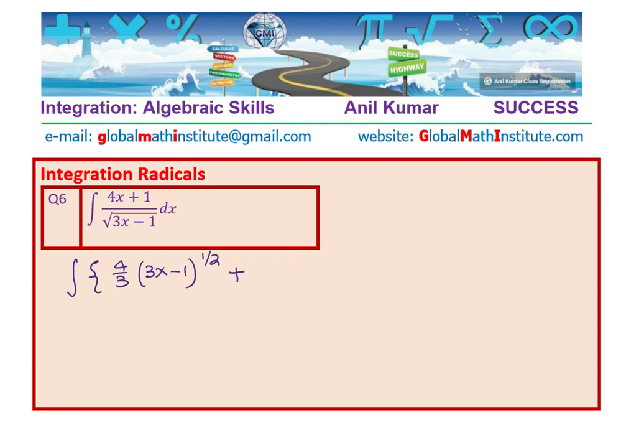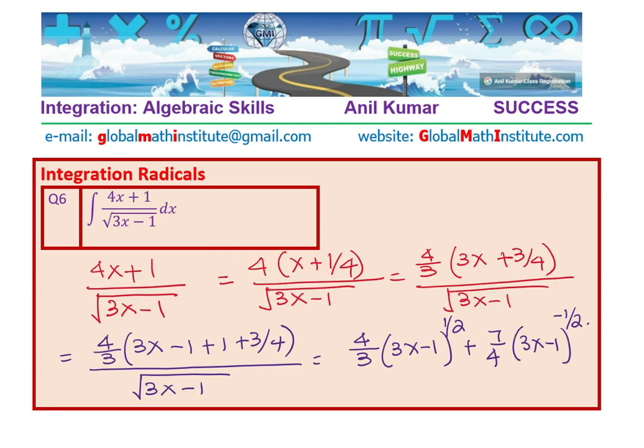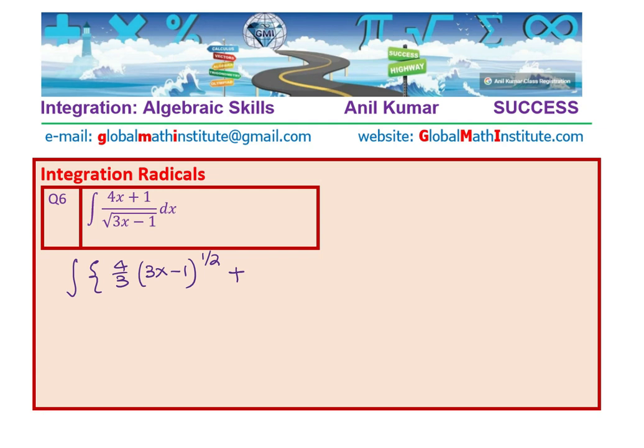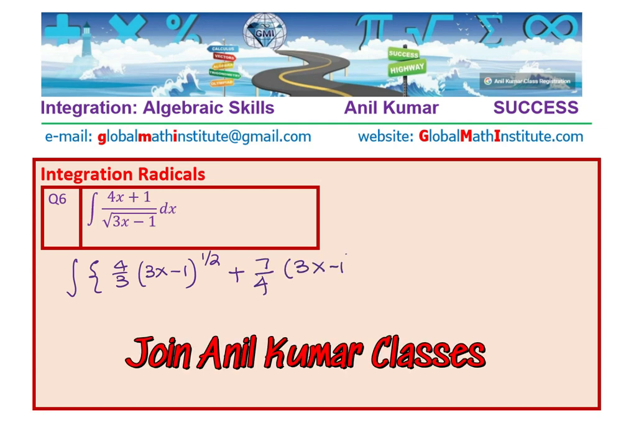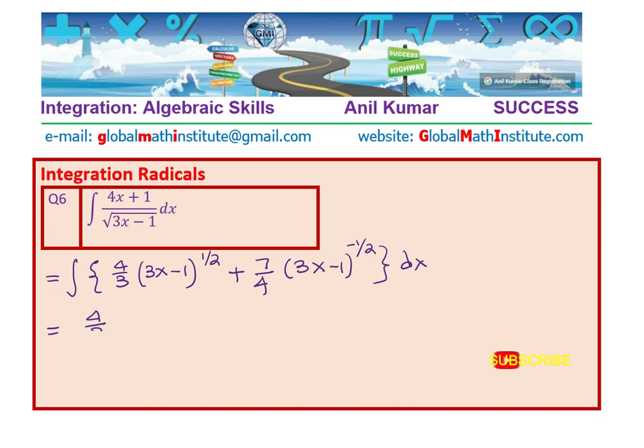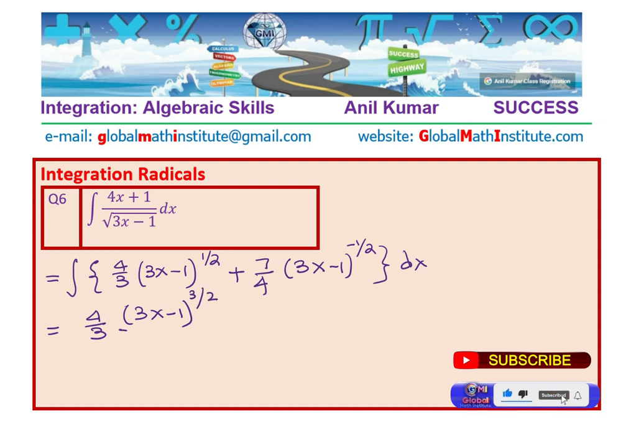And plus we have 7 by 4 into 3x minus 1 to the power of minus half dx. Is that clear? So now just integrate using the power rule. So we get 4 over 3, 3x minus 1 to the power of add 1, right? 3 by 2. Here again you get 3 by 2, right?